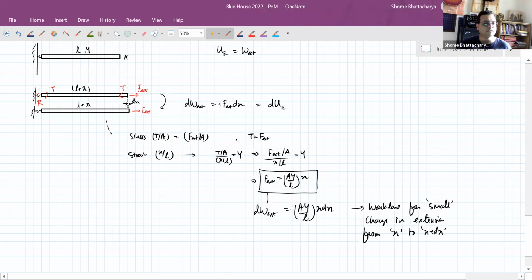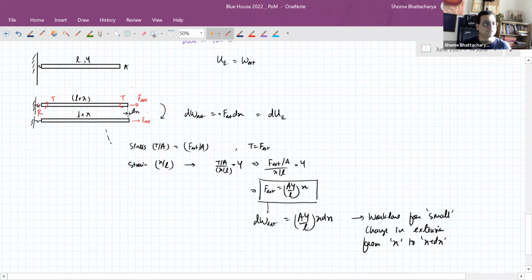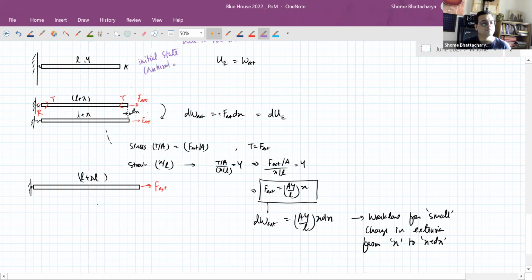Okay. So now if our final state is where basically something like this happens, that it's got a final elongation of delta L. So going from our initial state, which is the natural state, to the final state, where the elongation is equal to delta L. Okay.